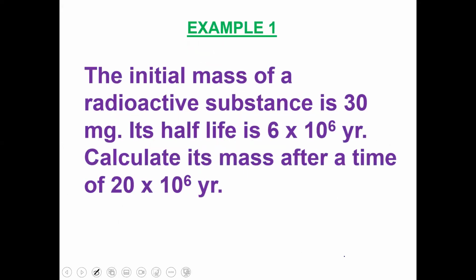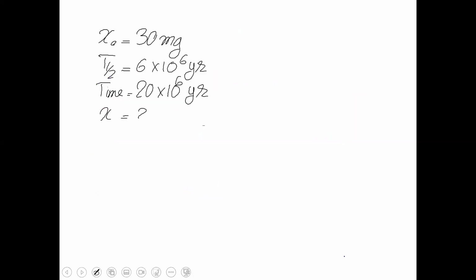Okay, let us see this question first orally. If we can do it, then I think you are saying that you have some questions, so quickly we'll go over it. The initial mass of a radioactive substance is 30 mg. Its half-life is 6 million years. Calculate its mass after a time of 20 million years. Now we have the initial number, which is 30, and half-life is given. So you will make data: the initial number is 30, half-life is given, time is given.